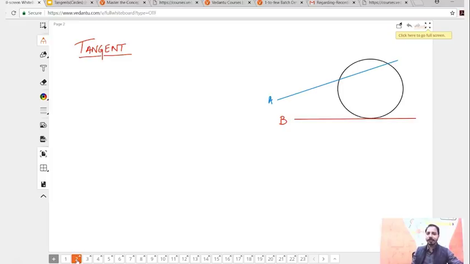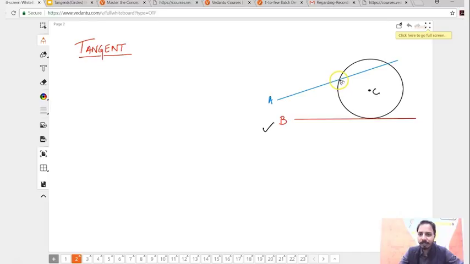The first thing is: what is a tangent, and what is the difference between a tangent and any other line in a circle? For example, say this is a circle and this is the center of the circle. Now there are two lines, A and B. Which one do you think is a tangent? Of course, this red line, B, is the tangent. What is the difference between this line and this line?